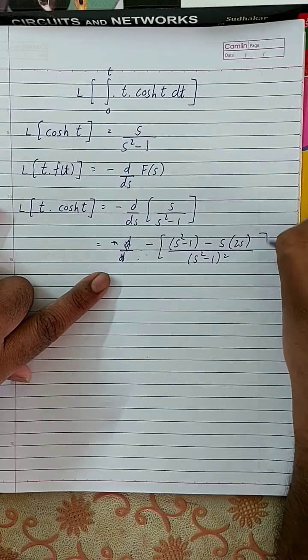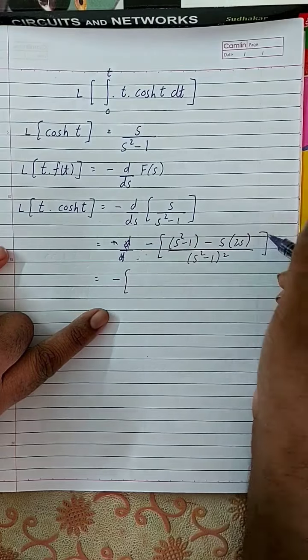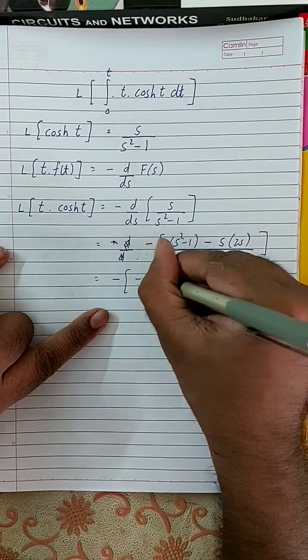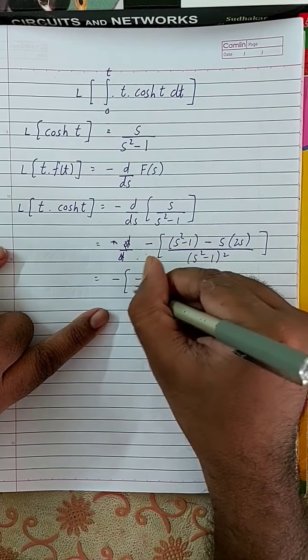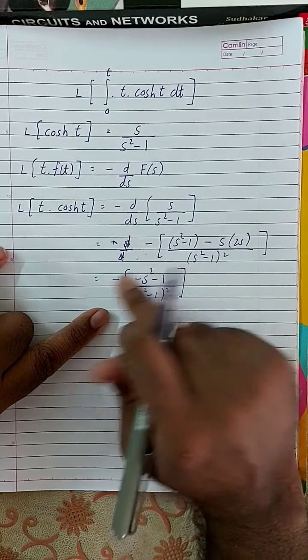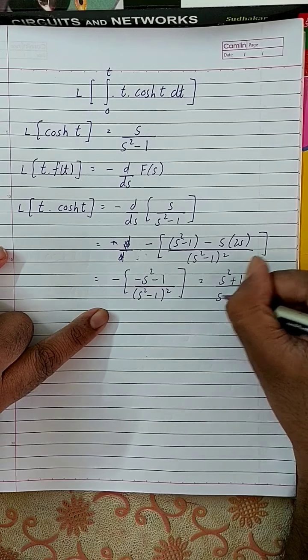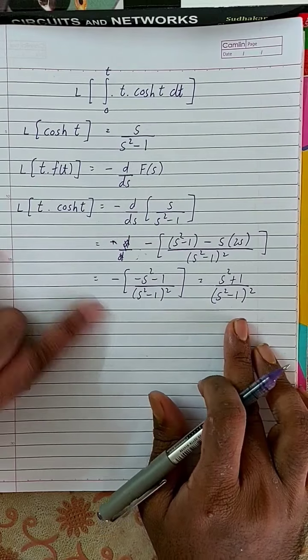This is also equal to minus of, let me see, this will get s square minus 2s square, which is minus s square minus 1 by s square minus 1 the whole square. If I put minus inside, this is nothing but s square plus 1 by s square minus 1 the whole square. Okay, this is what I get from here.